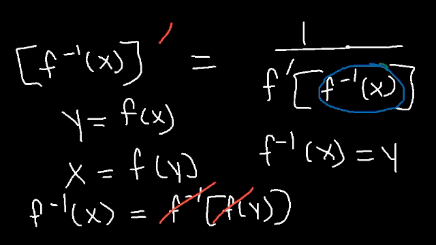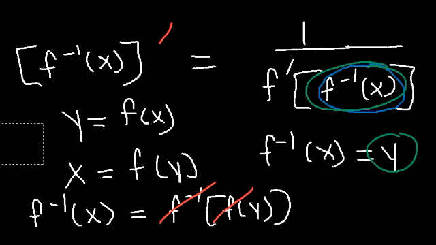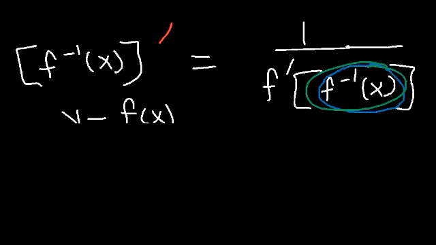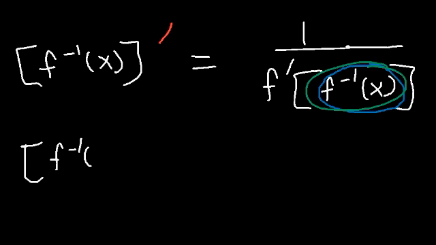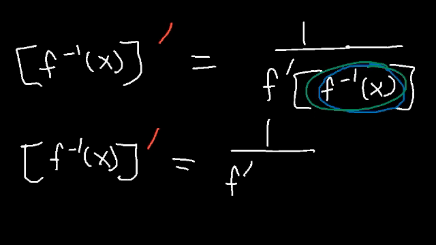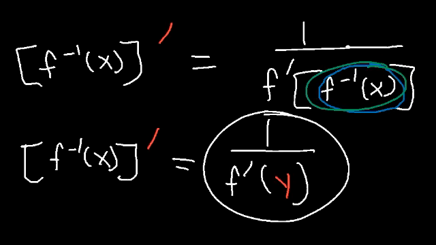So therefore, we can replace this with y. So the derivative of the inverse function is also equal to 1 over the derivative of the function with respect to y. Now it's easier if you use this formula. I'm going to show you how to use it.